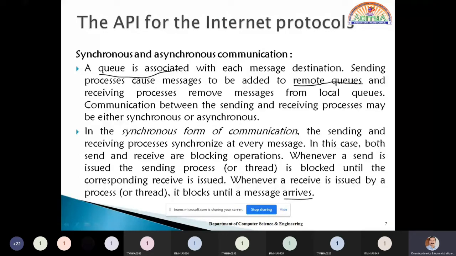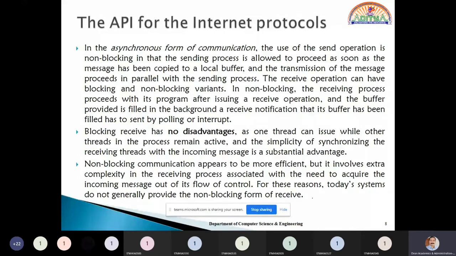When the receiver receives the data, the communication will be unblocked so that another block of data can be transferred. Now, that's what we have to take care of when we have synchronous communication.